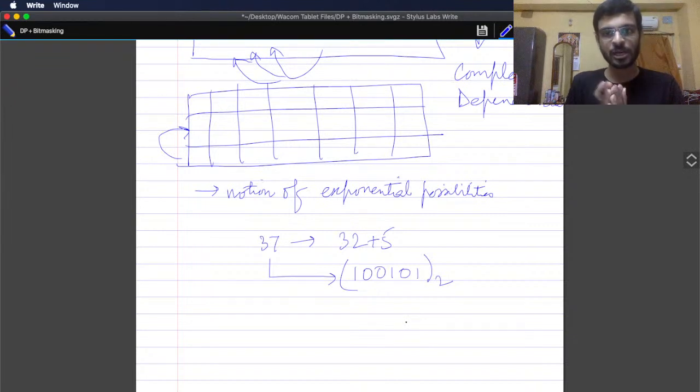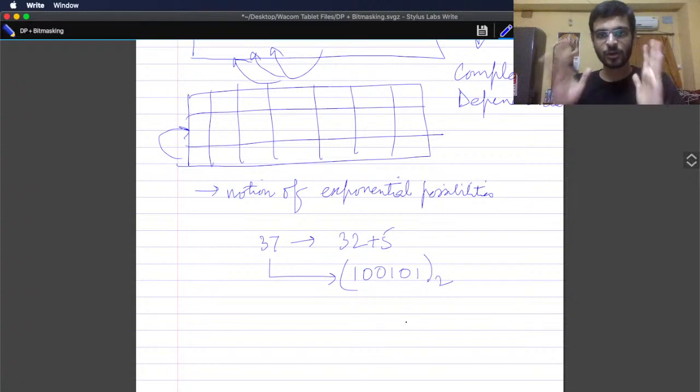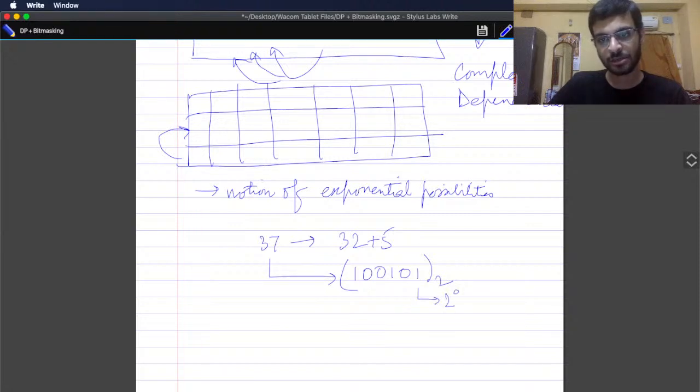This is the only prerequisite: when I mention the binary notation of a number, you are clear about what exactly it means. It means that these are the powers which explicitly define it: 2 to the power 0, 2 to the power 2, and then 2 to the power 5. These are the powers of 2 which actually define it.